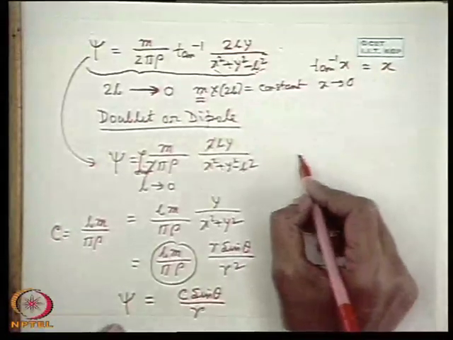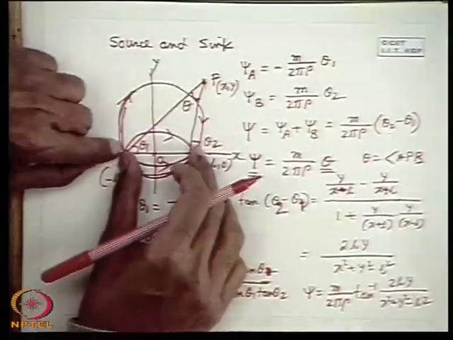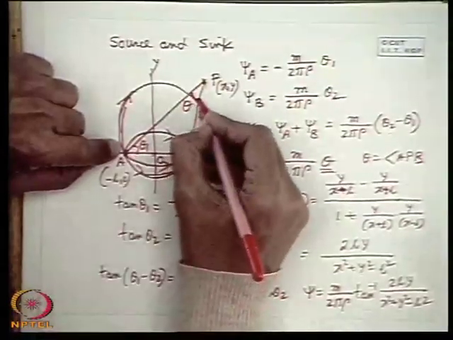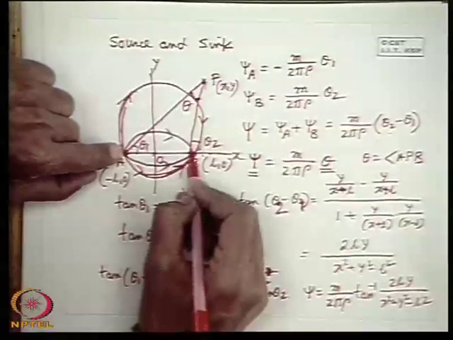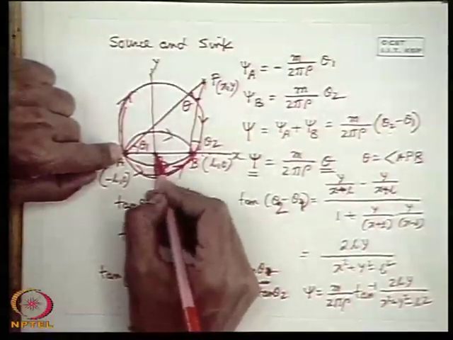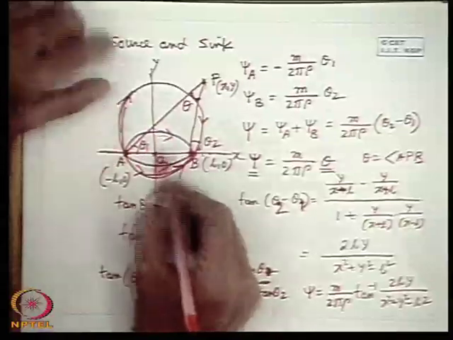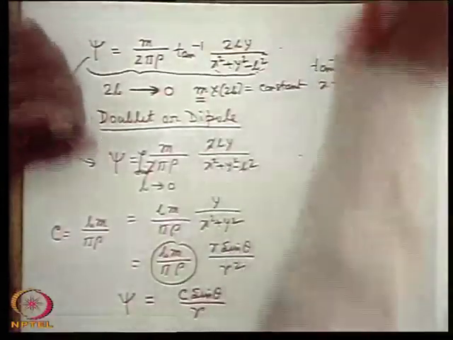So, dipole will be like that. When you see this source and sink will approach each other, this angle will become 0, and ultimately these circular arcs with AB as the base chord will become circles with tangent at the x axis at the origin.